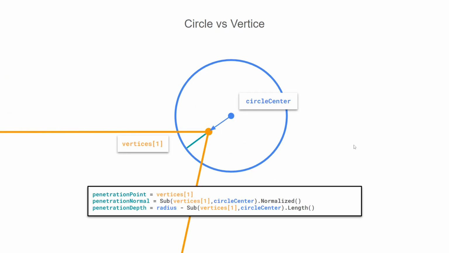How we can calculate the data for our manifold, it's also pretty easy. Sorry, the penetration point is just the vertex. The penetration normal is the direction vector from the circle center to the vertex. We need to normalize it. Then we have the normal of the penetration.